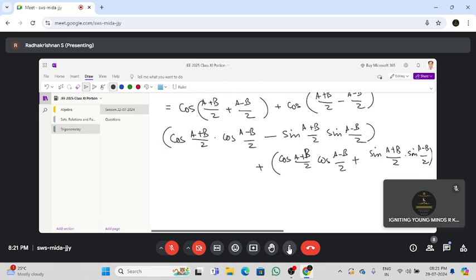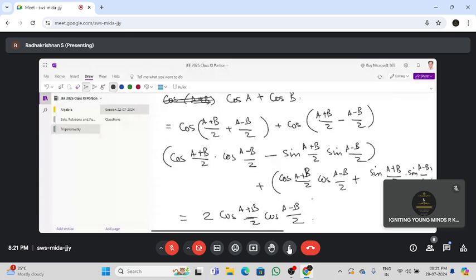Okay. So cos of A plus B by 2 plus A minus B by 2 is cos A plus B by 2 into cos A minus B by 2 minus sin A plus B by 2 into sin A minus B by 2. Similarly, this is cos A plus B by 2 minus A minus B by 2. This is the expansion. Now when you add those two, the sin term gets cancelled. So what you essentially get is 2 cos A plus B by 2 cos A minus B by 2.